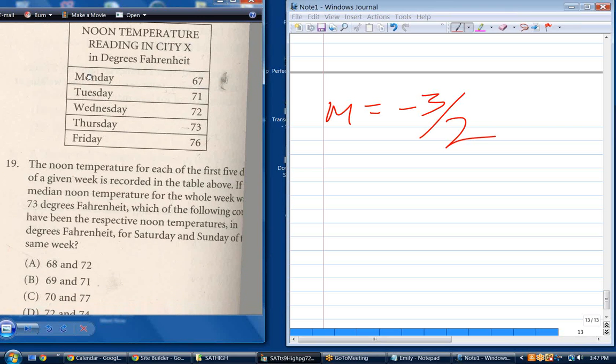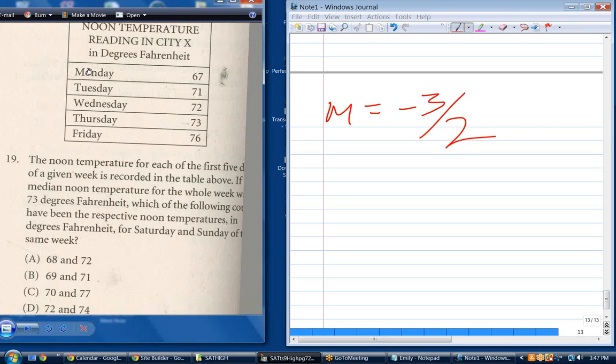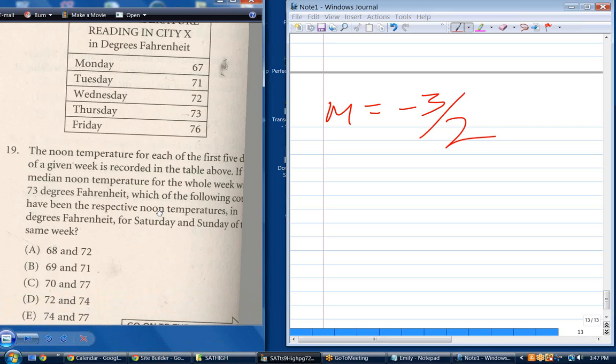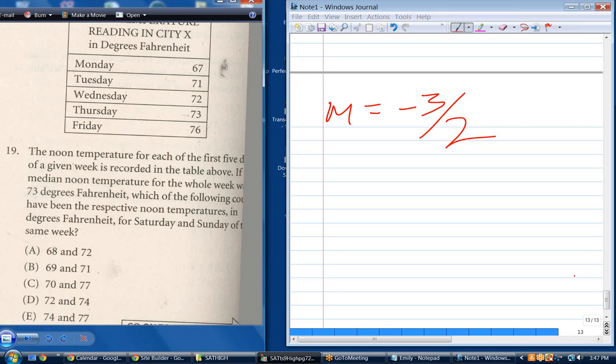Noon temperature reading in this city in degrees. This looks interesting.